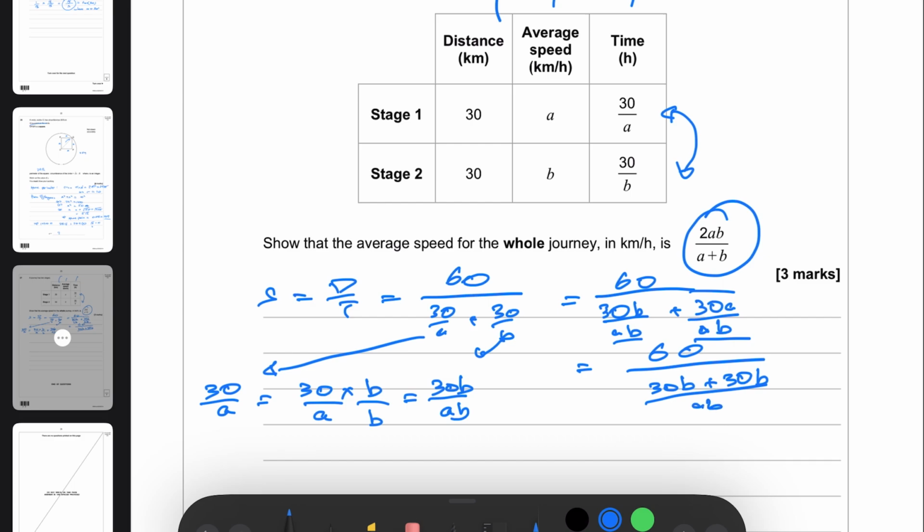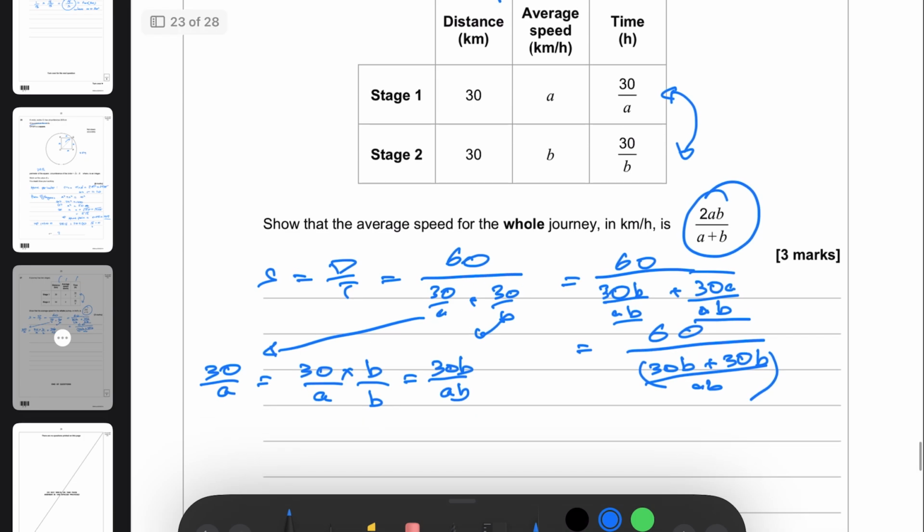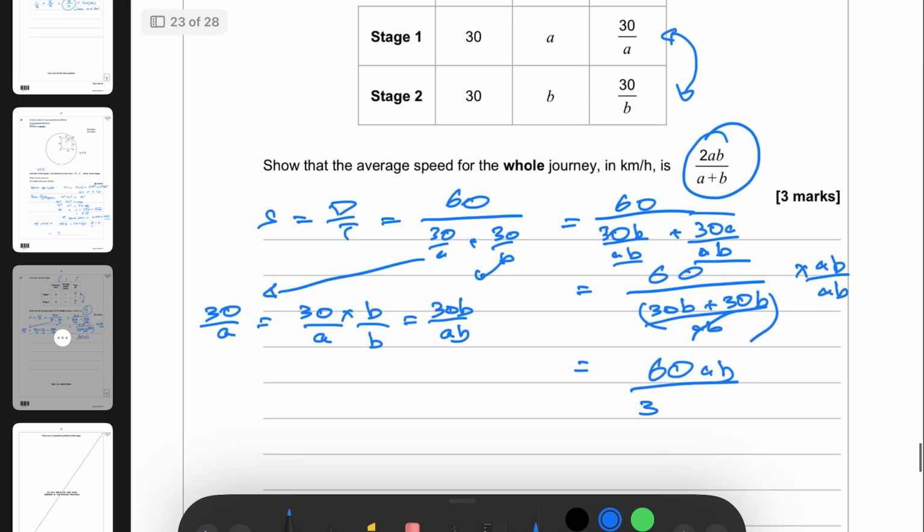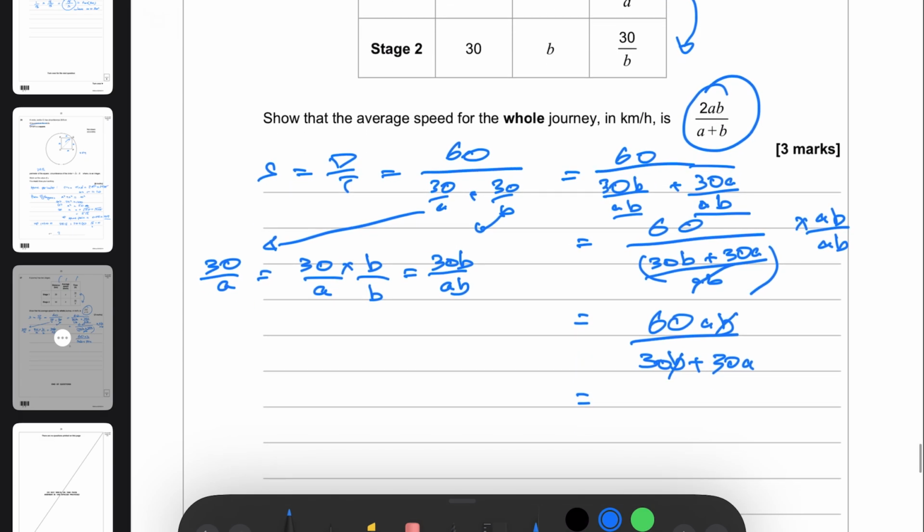And then this is in brackets, and we can pretty much multiply by ab over ab, so this one cancels out, and we are left with 60ab over 30b plus, oops, this should be a 30a, right, and this gives us in turn, so we can cancel b, actually we cannot cancel b, sorry, that is a stupid thing to do.